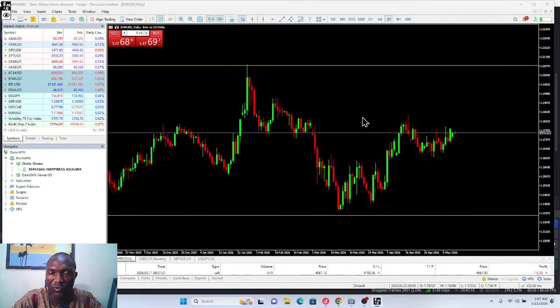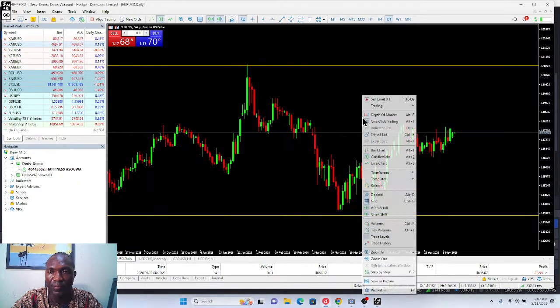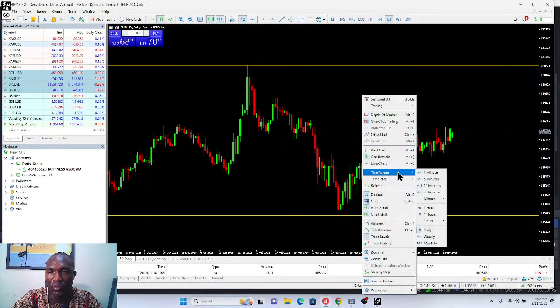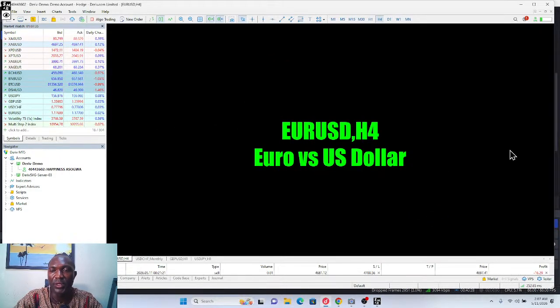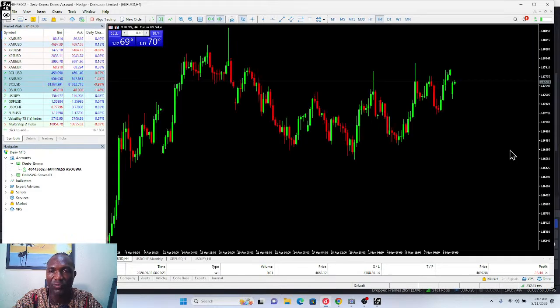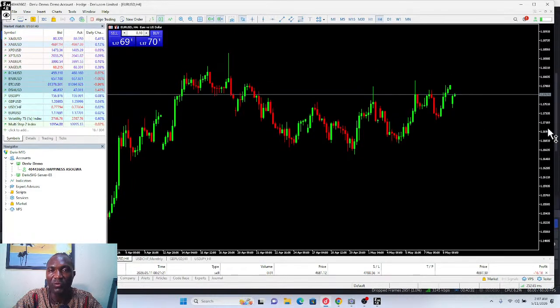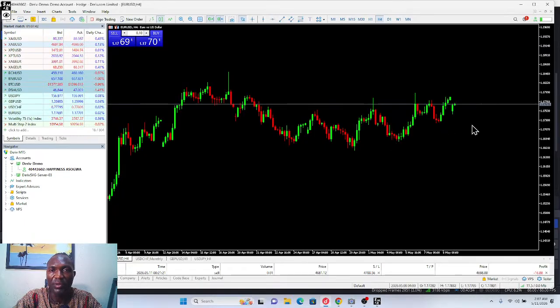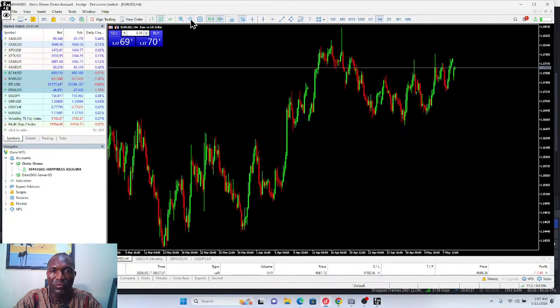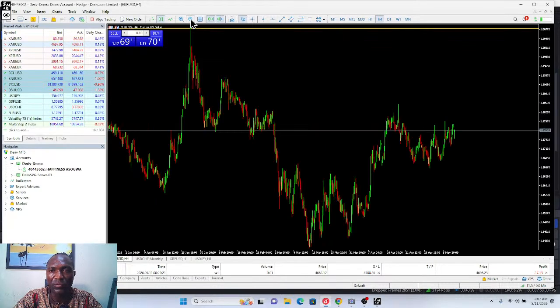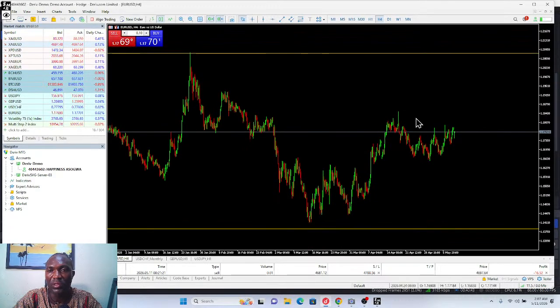So now move on straight to the 4 hour, and this is our 4 hour. Now in the 4 hour, you can look at the market. Let's reduce it, delete. Okay, good. Now we are going to see the market's inner market structure.